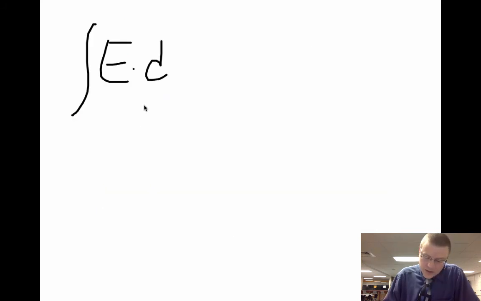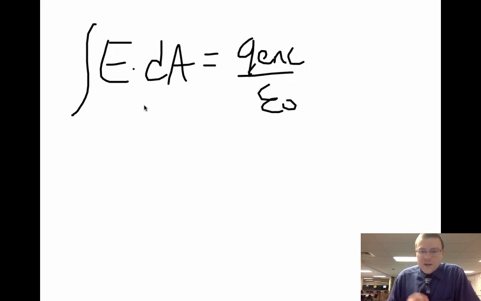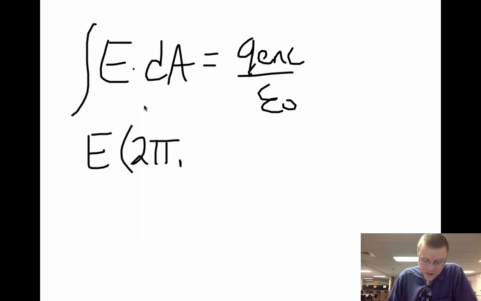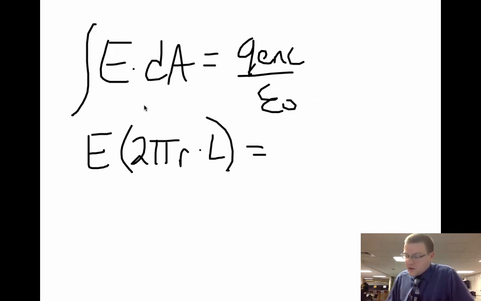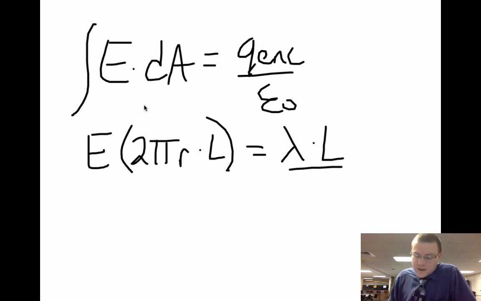So we'll do the integral of E dot dA equals charge enclosed over epsilon 0. Okay, the electric field at any distance from the cylinder will be constant. So dA just becomes the area of the cylinder. So the side area of a cylinder is 2 pi r times the length, equals the charge enclosed. Now the charge that I've enclosed here is lambda L. I can use the linear charge density and the length, so I don't have to worry about just Q. And what that lets me do is eliminate the length.